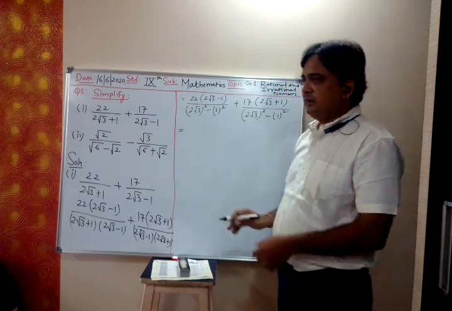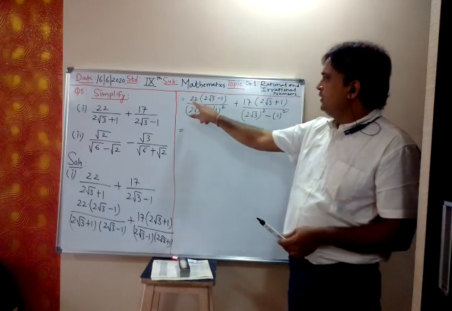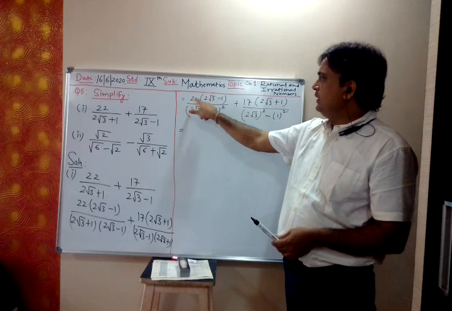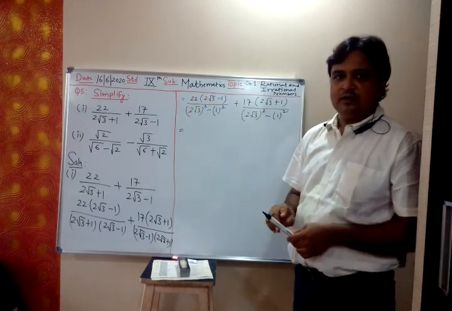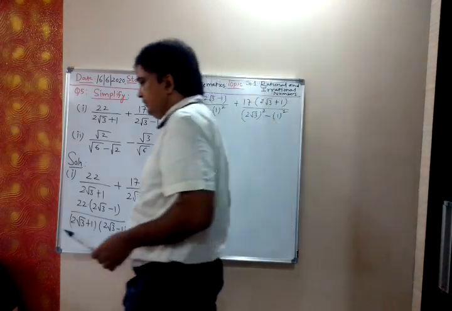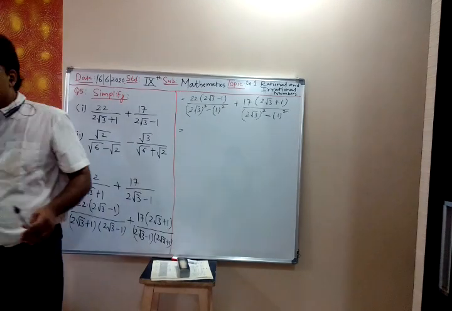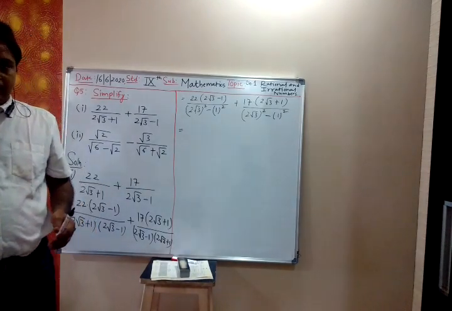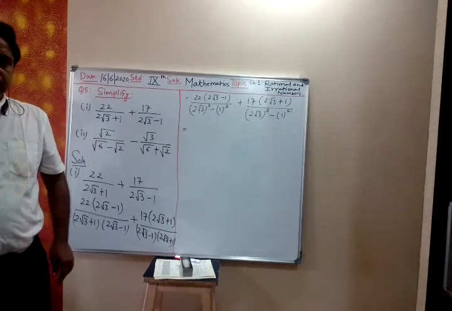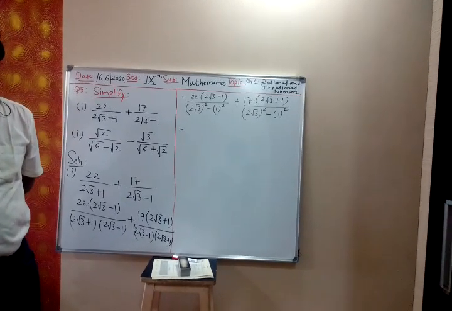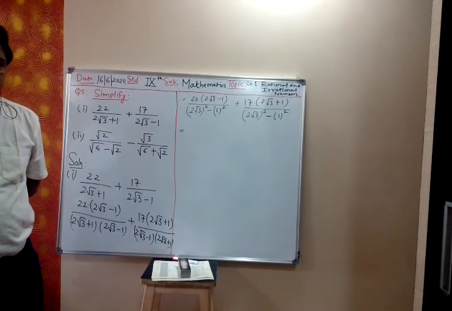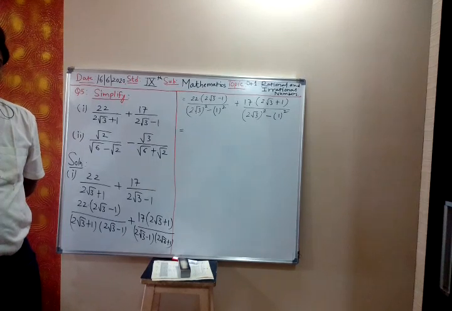So now we open the bracket, numerator 22 we multiply to, yes, now it is clear, camera. Wait for it. Is it clear now?